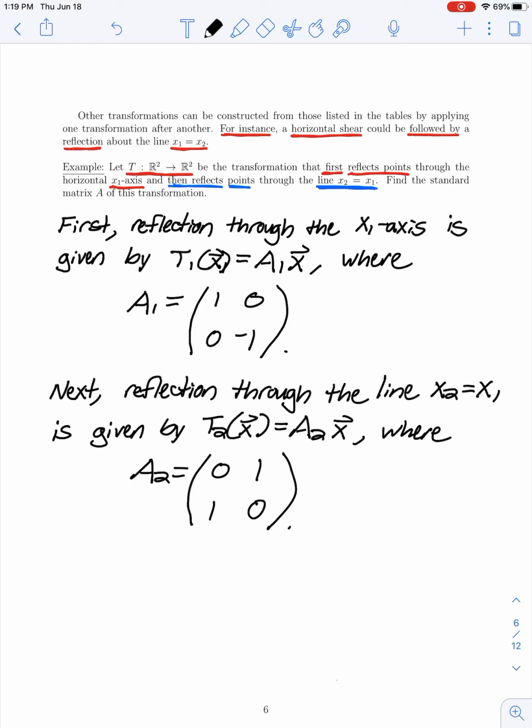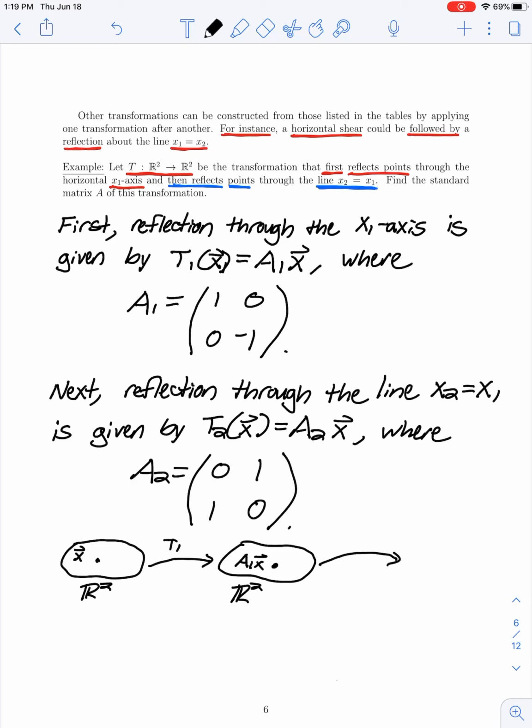Here we're moving from R2, and I'm taking some vector x in the plane, and I'm applying first a transformation T1 to get another vector in the plane, R2, which would be A1 times x.